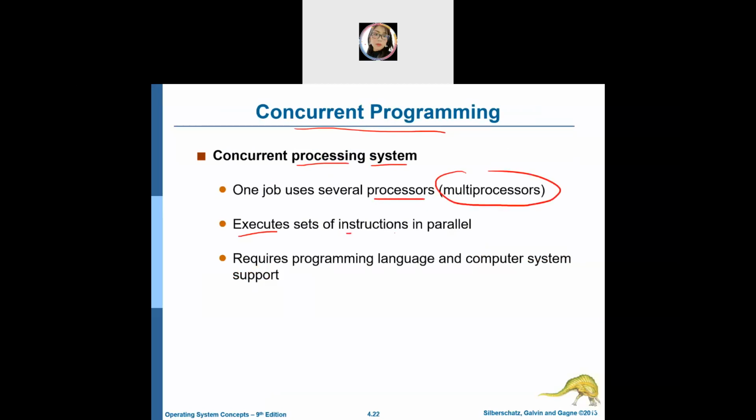You execute a set of instructions in parallel. When you are having a multiprocessor, you can execute them in parallel. And you're going to require a programming language and computer system support to have concurrent programming.